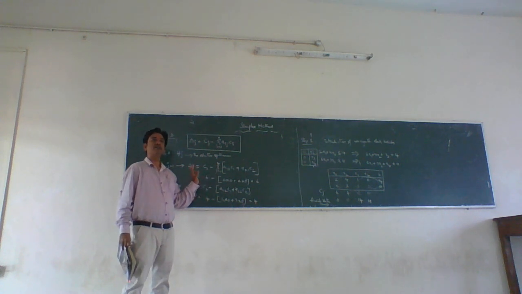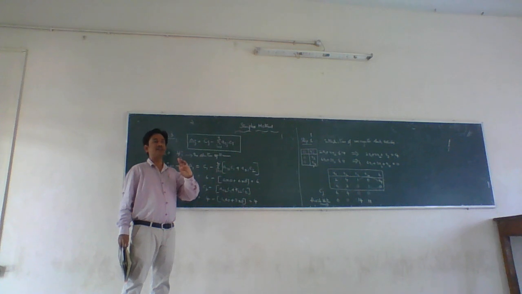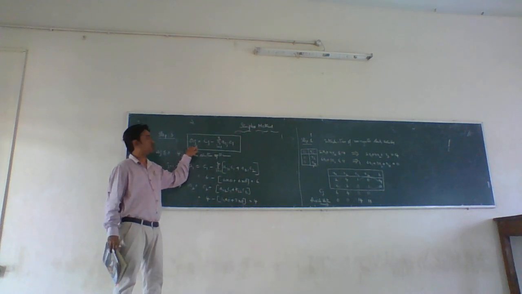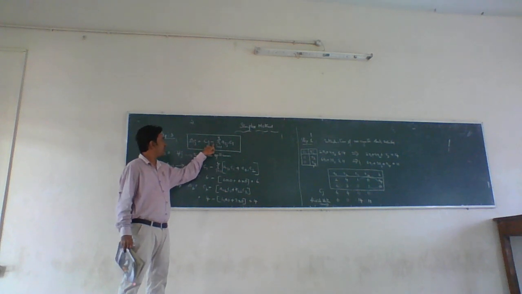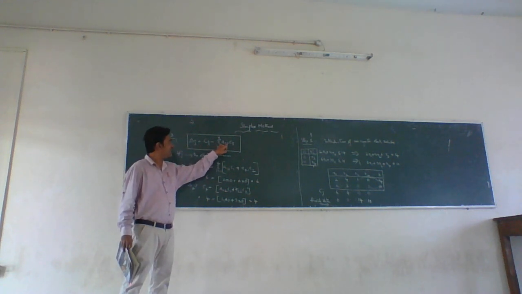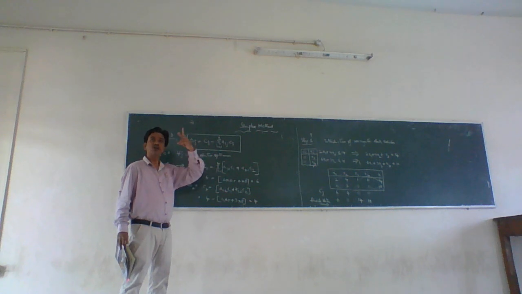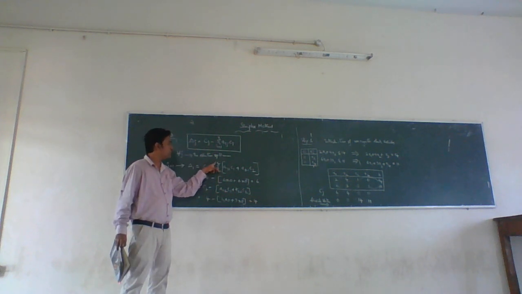Is it clear? Step number 3, very crucial, calculating delta J. First understand the formula of delta J. Delta J is equal to Cj minus sigma Aij into Ci. Here I is varying. Because we have two equations, I will run from 1 to 2.